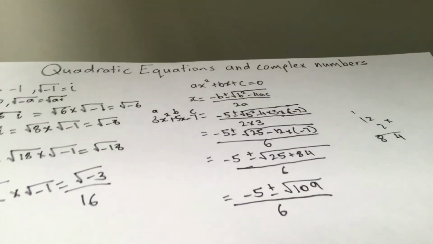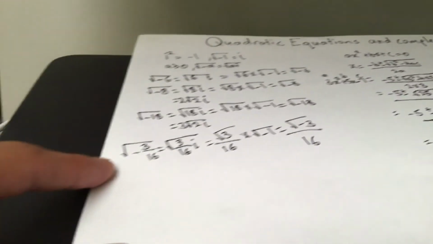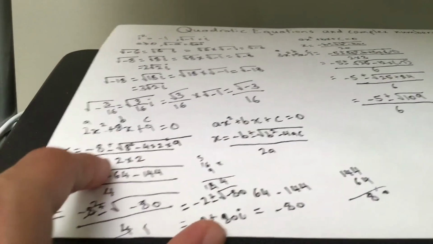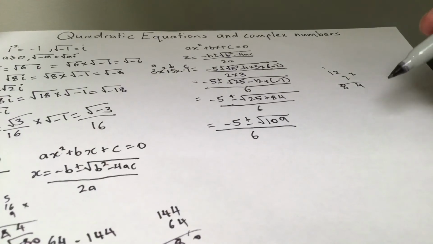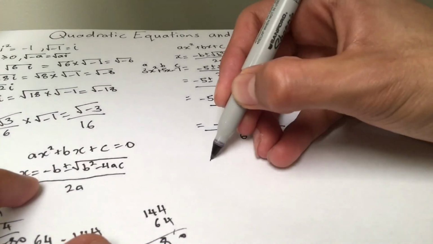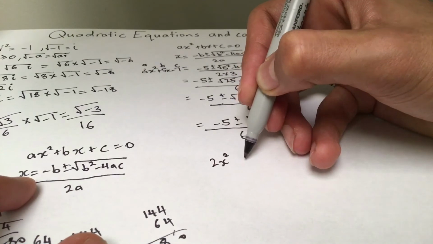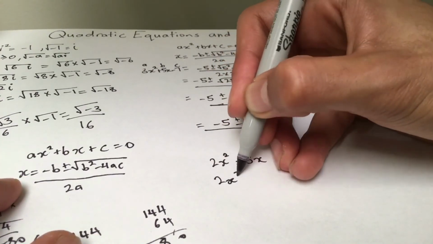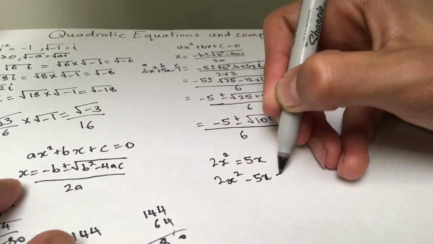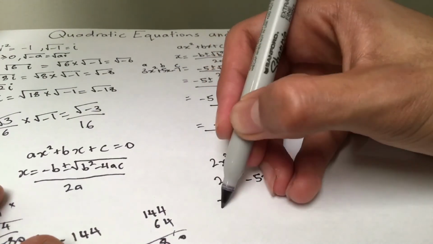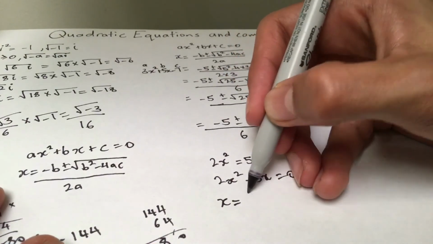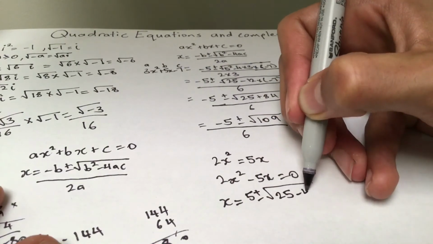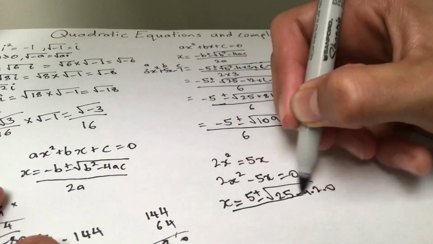Now let's do one more question. Our last question is going to be 2x squared equals 5x, so 2x squared minus 5x equals 0. Our next step is x equals 5 plus or minus the square root of 25 minus 4 times 2 times 0, over 4.